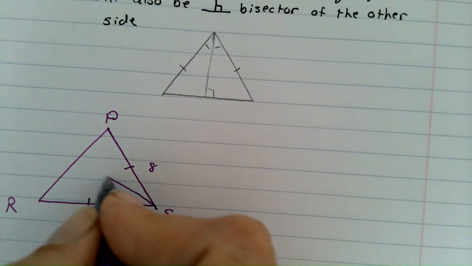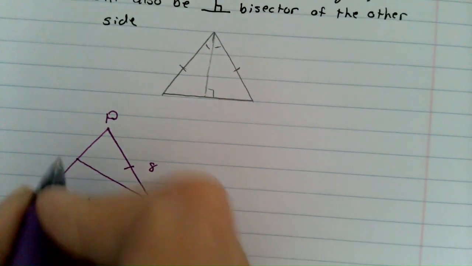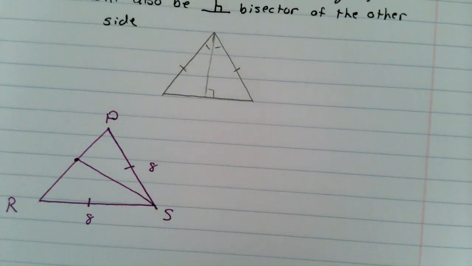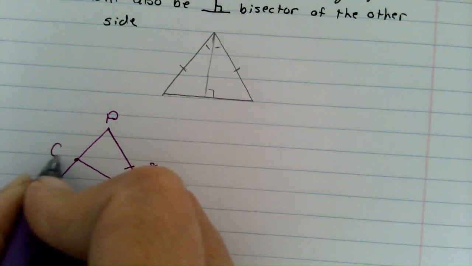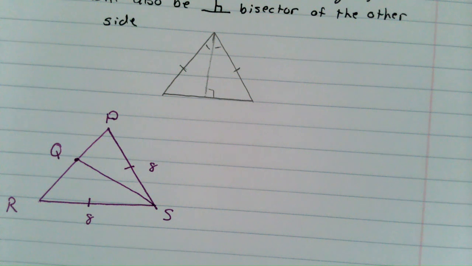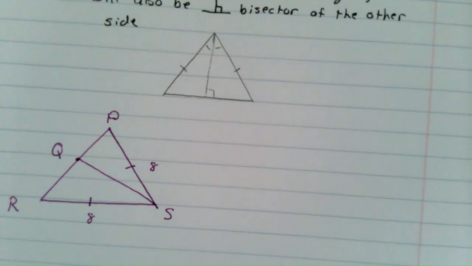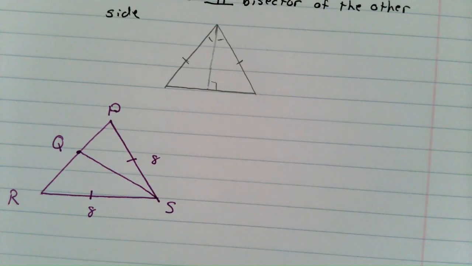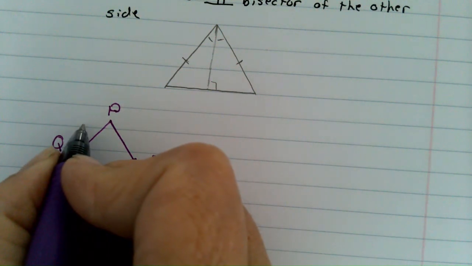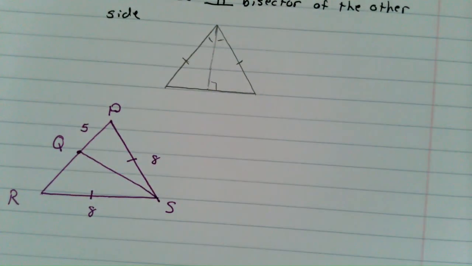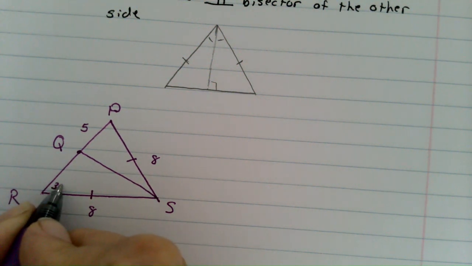And SQ is right here. And this is going to be 5. And this will be 31 degrees.